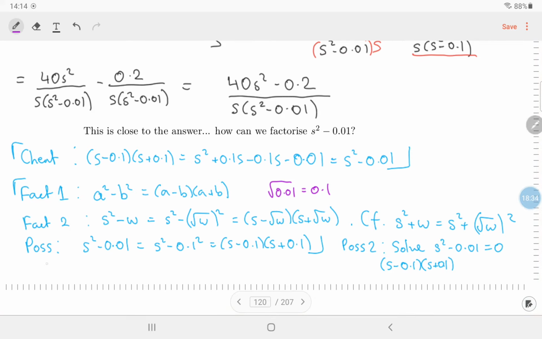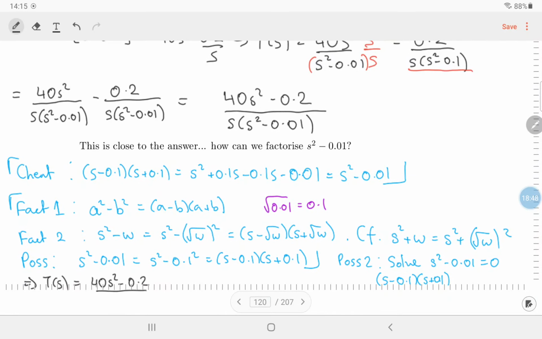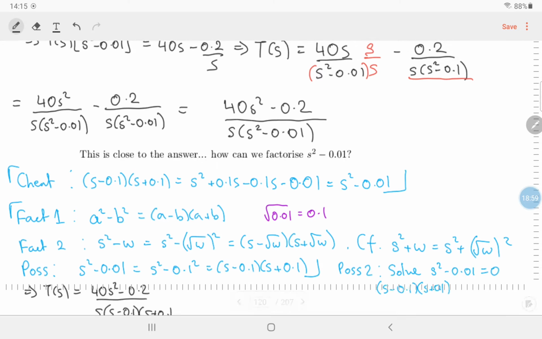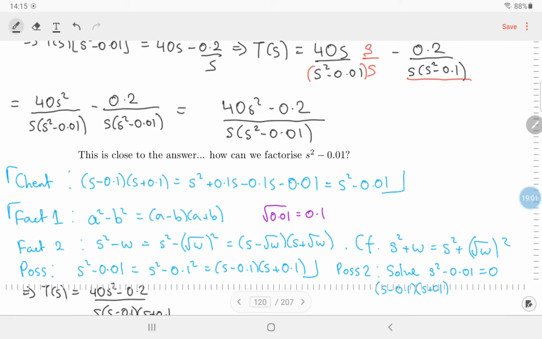However we do it, we end up with, as expected, T of s equal to 40s squared minus 0.2 divided by s times s minus 0.1 times s plus 0.1, as was requested.